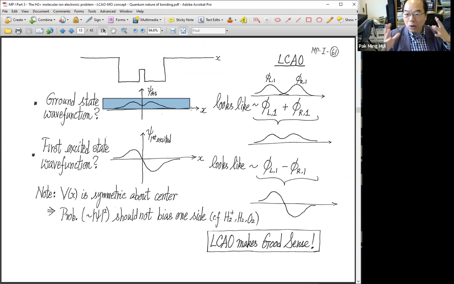First of all, no nodes. So that is the ground state. Secondly, the potential is smaller on both sides, so higher probability of finding the electron makes sense. Well, in the middle, there's a barrier, so smaller probability makes sense.